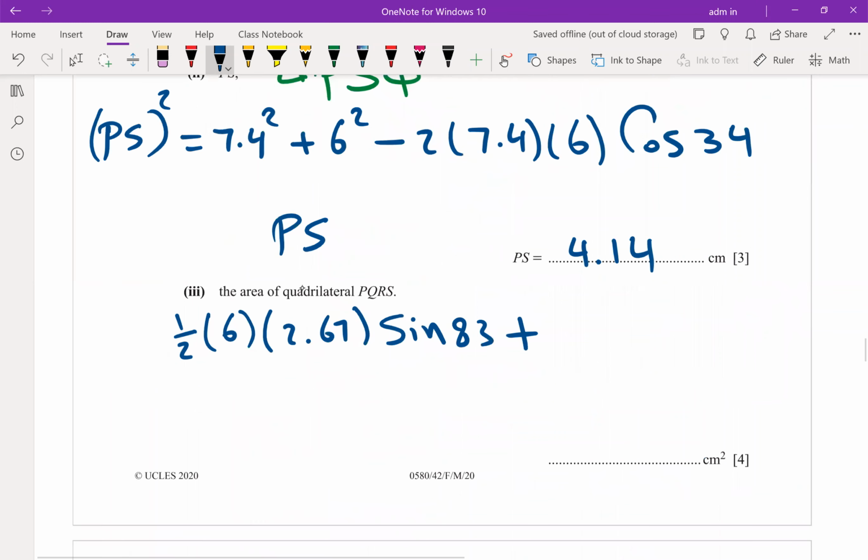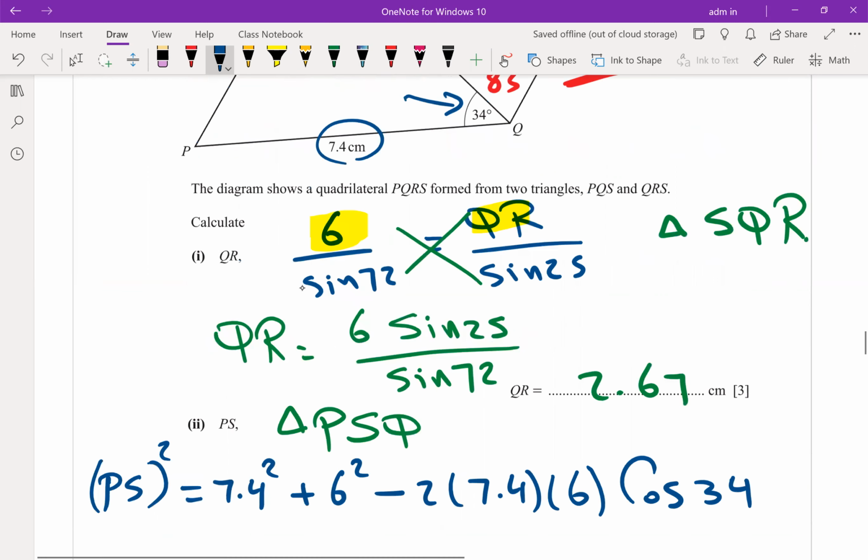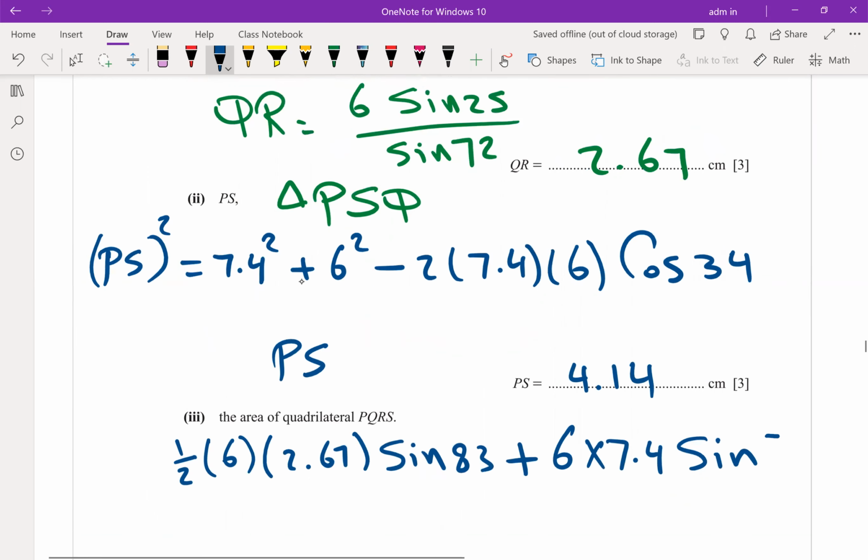So half times 6 times 7.4 times sine angle included, which is 34. I forgot to write half first.